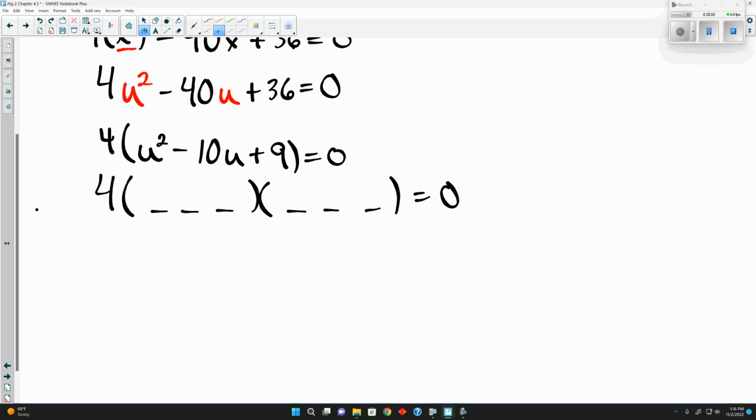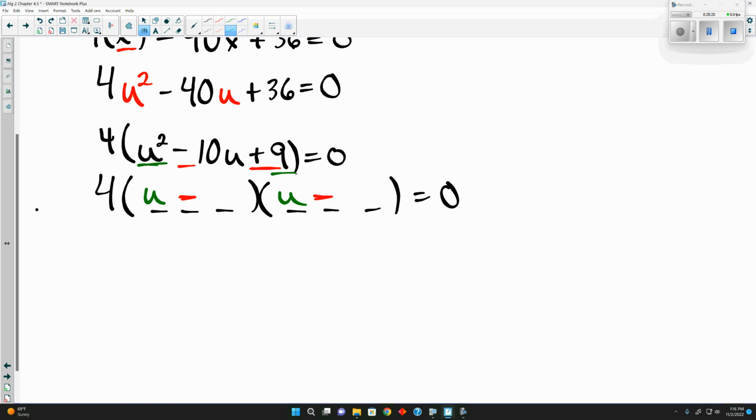Now our signs, if we look at the third term, since it's positive, the signs are the same and match the sign of the middle term. So we would have minus and minus. The factors of u squared are going to be u and u.